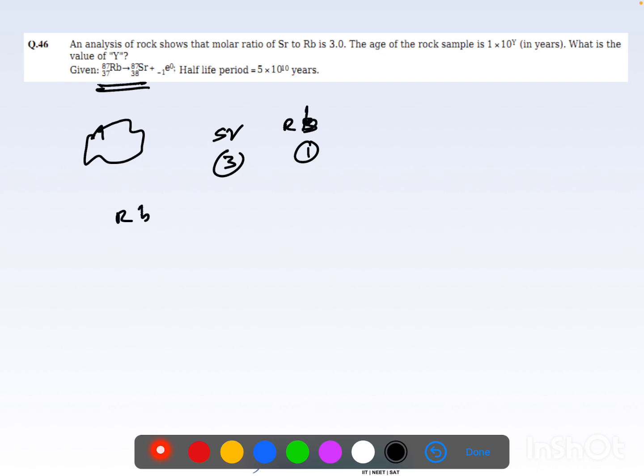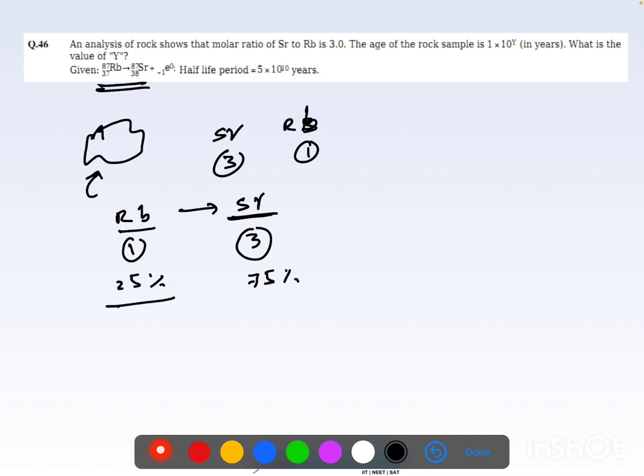Initially rubidium will disintegrate into strontium through radioactive decay. So we should assume that initially the rock has rubidium, and through time it is disintegrating into strontium. The final concentrations are strontium 3 parts and rubidium 1 part. So in percentage terms it is 75% strontium and rubidium is 25%. So rubidium is disintegrating here.